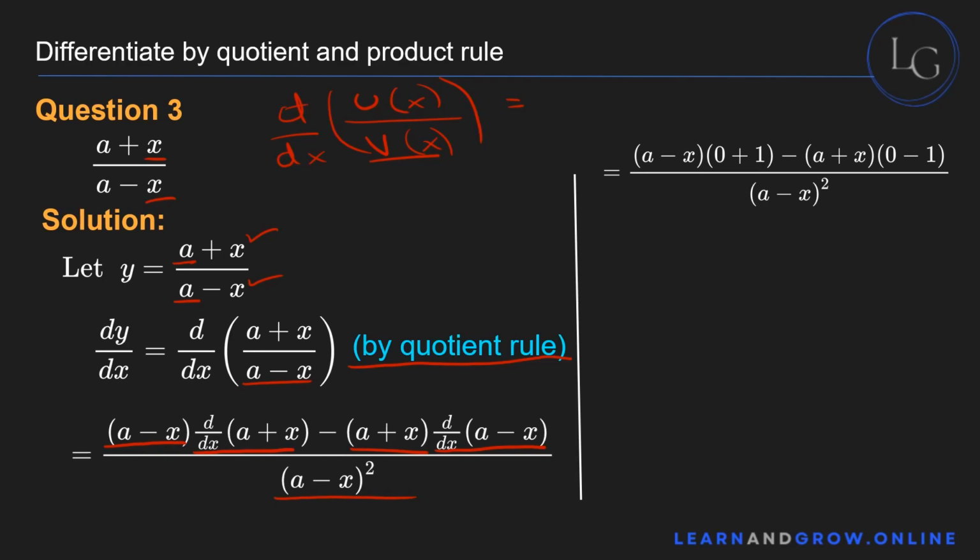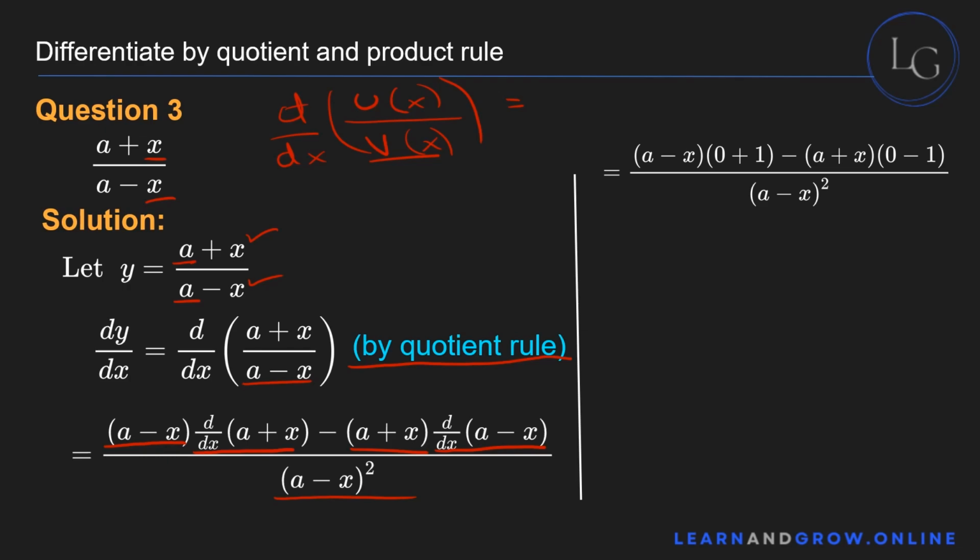So we have this over here, and the derivative of a plus x is basically equal to 0 plus 1, because a is being treated as a constant and the derivative of a constant is 0, and the derivative of x to the power 1 is just 1.